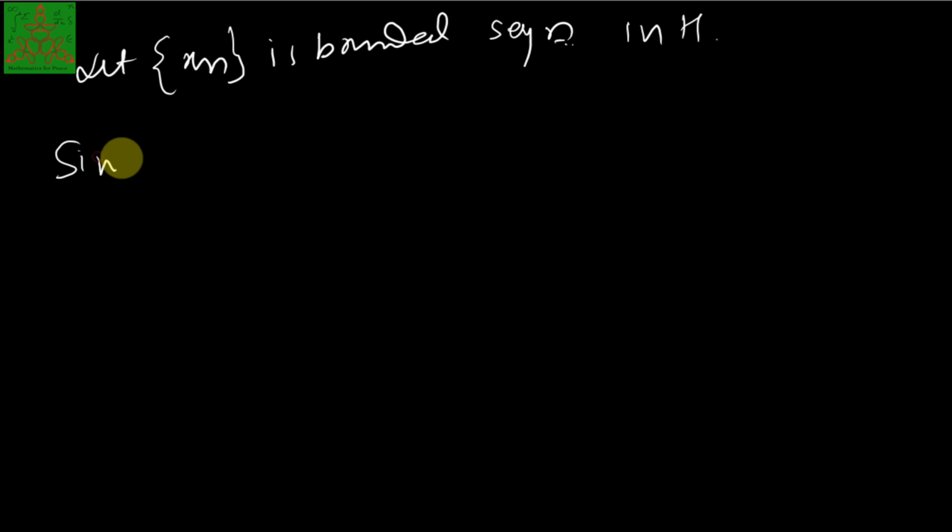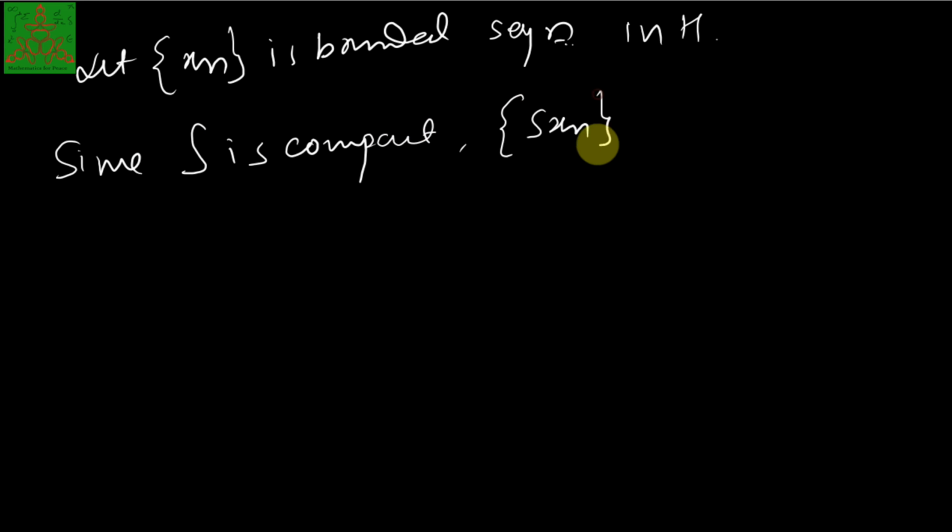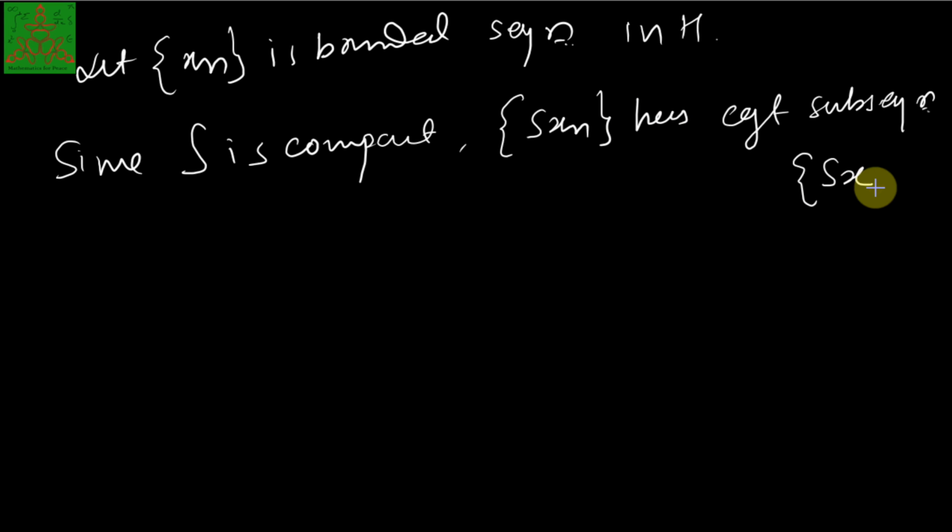Now if I want to prove that TS is compact, then let us consider xn a bounded sequence. Since S is compact, S of xn has a convergent subsequence. Say that convergent subsequence is S of x_nj.